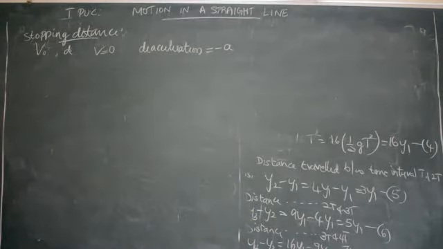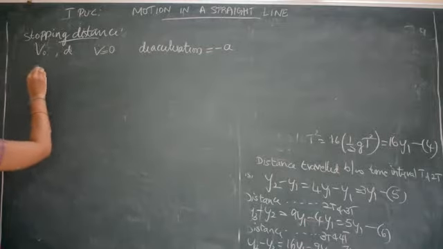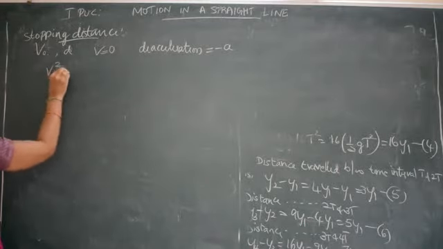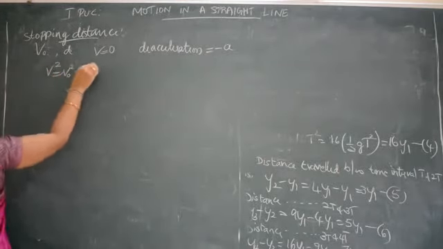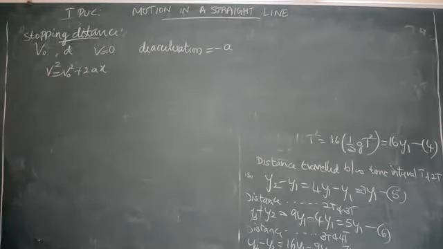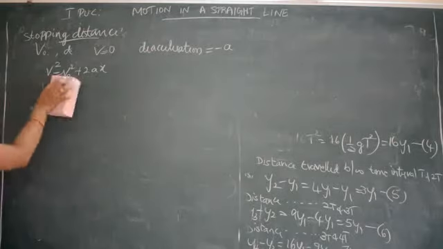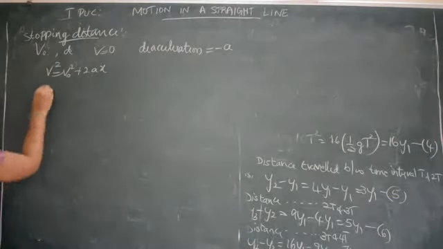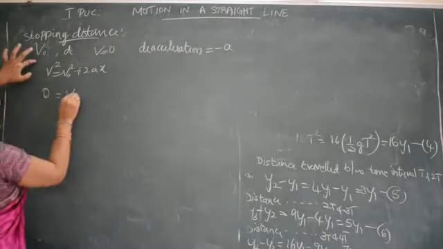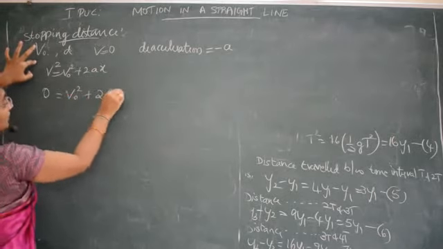So using the equation of motion, v square is equal to v naught square plus 2ax. What do we get? v is 0, so 0 is equal to v naught square plus 2 times minus a.